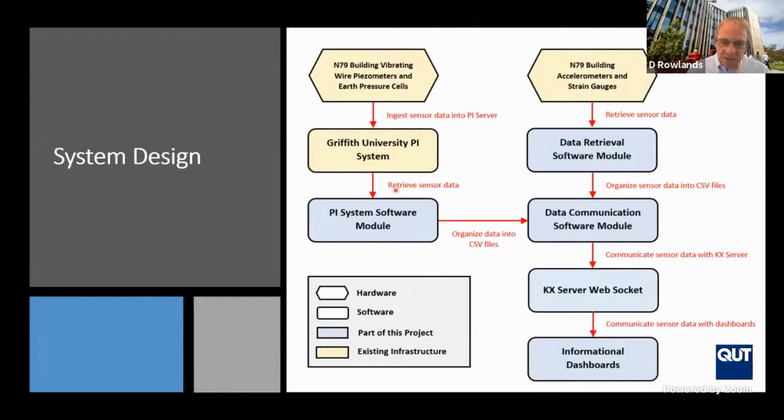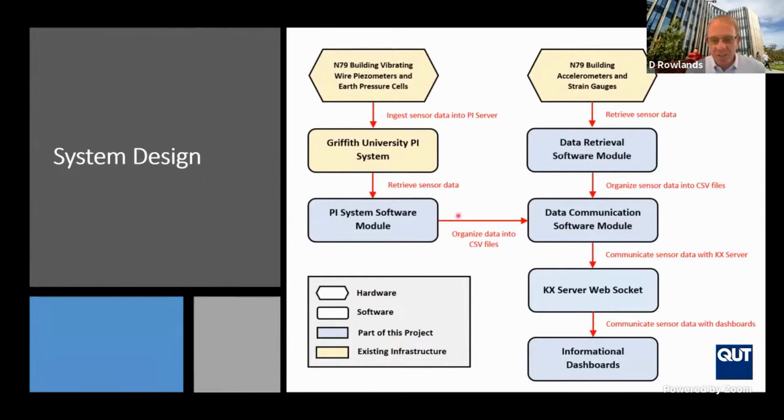We had to be able to extract the data from the PiSoft, and from the strain gauges and accelerometers, and also transmit that to the KX server. The easiest methodology that we found was to use CSV files, because comma delimited is the most standard format. It's not the most efficient, because you have to represent each of the numbers by actual ASCII digits. It's much better to do it digitally, but this was a very simple method that we could use.